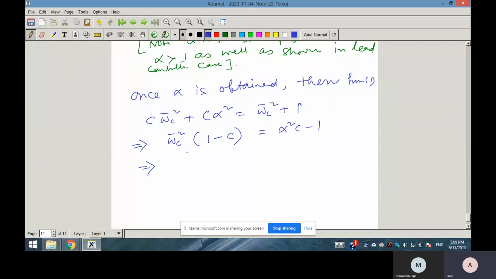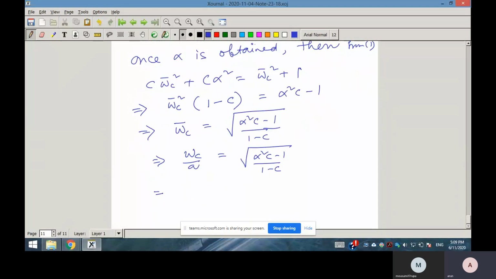So this will give you omega c bar equal to root under alpha square c minus 1 divided by 1 minus c. Omega c bar is omega c by a, so equal to root under alpha square c minus 1 divided by 1 minus c. From here, you can get what your a is. A will be omega c into root under 1 minus c divided by alpha square c minus 1.